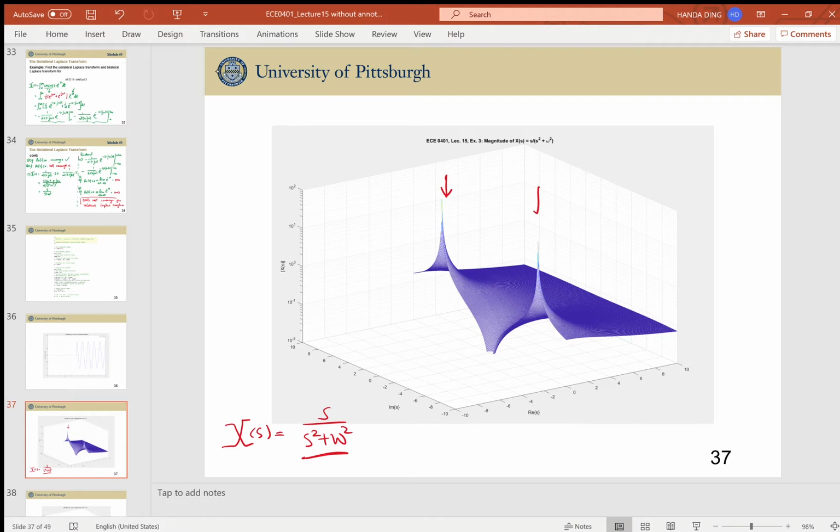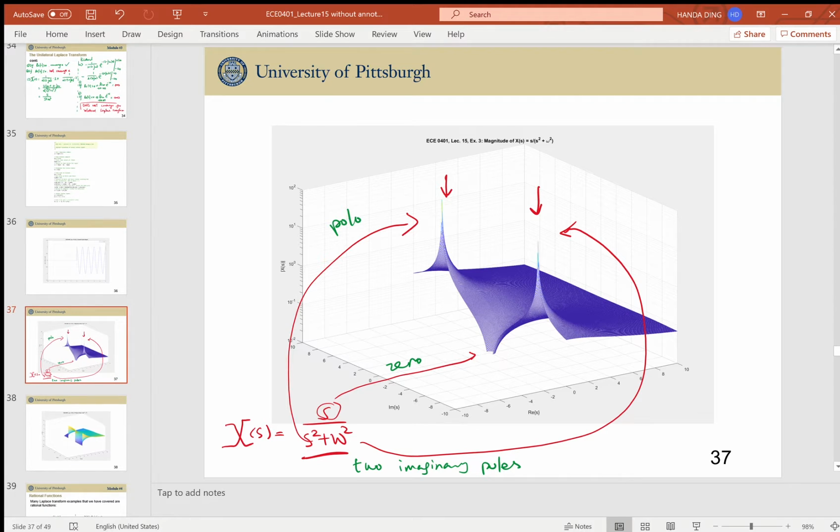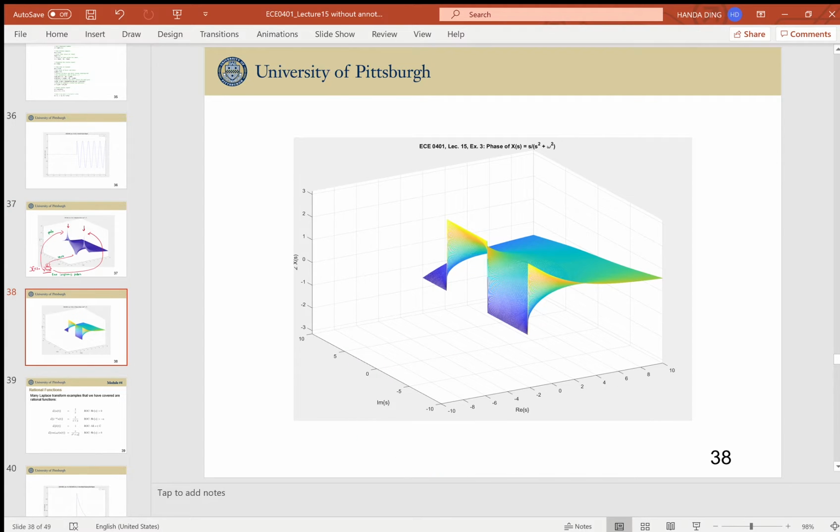That's why I have two peaks here, and this is the zero, and this is the zero. This is the pole. We have two imaginary poles. Don't worry about it, we'll talk about poles right after. So this is the phase.